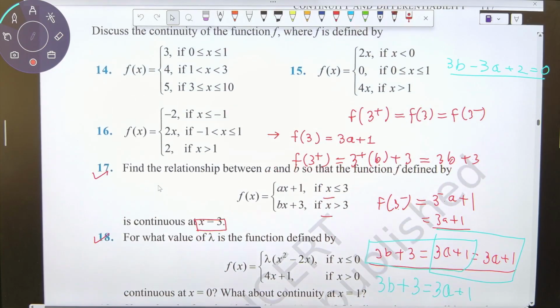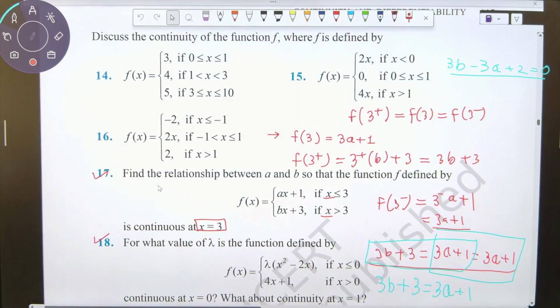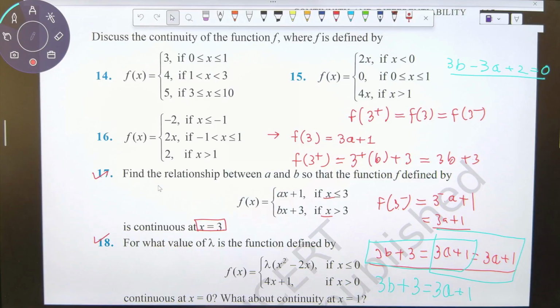Sorry, sorry. Present, absent, present, absent. Discontinuity. Okay, okay.